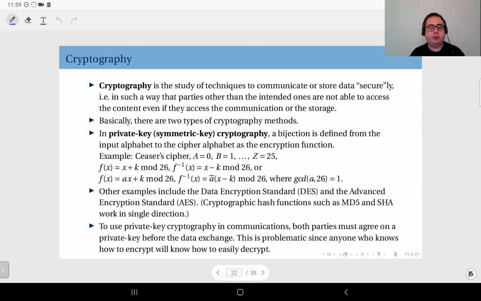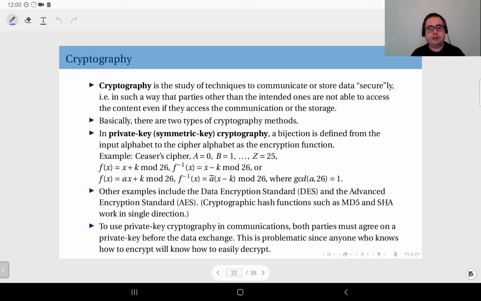And essentially, we have two types of methods for cryptography. The first one is what we call private key or symmetric key cryptography. Essentially, this is a bijection, so a one-to-one and onto function defined from the input alphabet to the cipher alphabet, and we call this the encryption function.